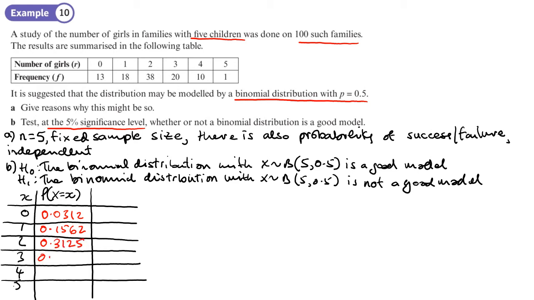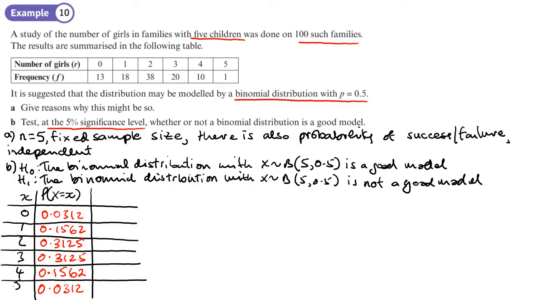So, and then these two are the same. Now because p is 0.5, I'm expecting this to be symmetrical. I should get the same values at the other end. Yeah, 0.1562, and then the last one's the same as the first one, 0.0312.